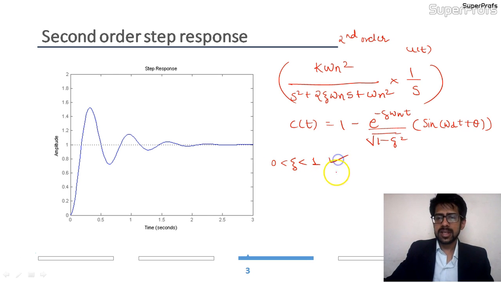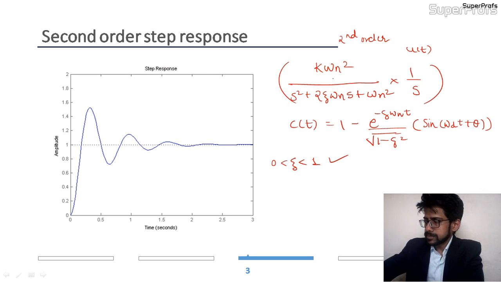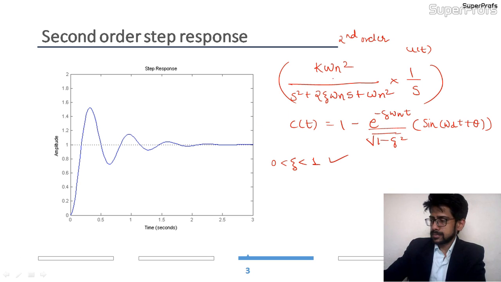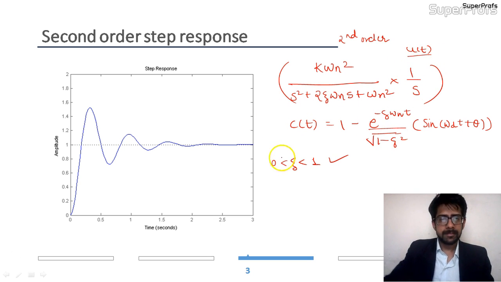So this is the important condition for such an output to occur. As you can see, this is a step response. That means we have the input of step, and our response has a steady state value after certain amount of time. The system does not directly go to the desired value of 1.